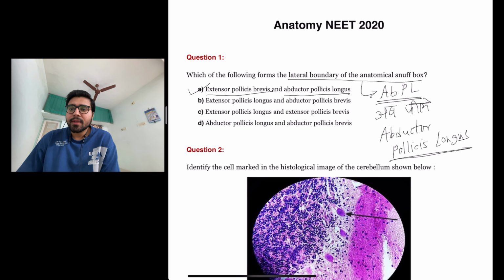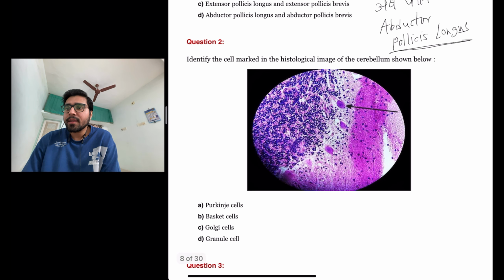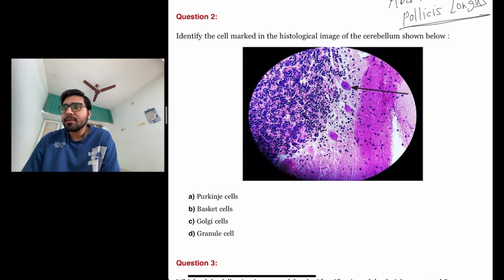Let us move on to the next question. Identify the cell marked in the histological image of the cerebellum shown below.